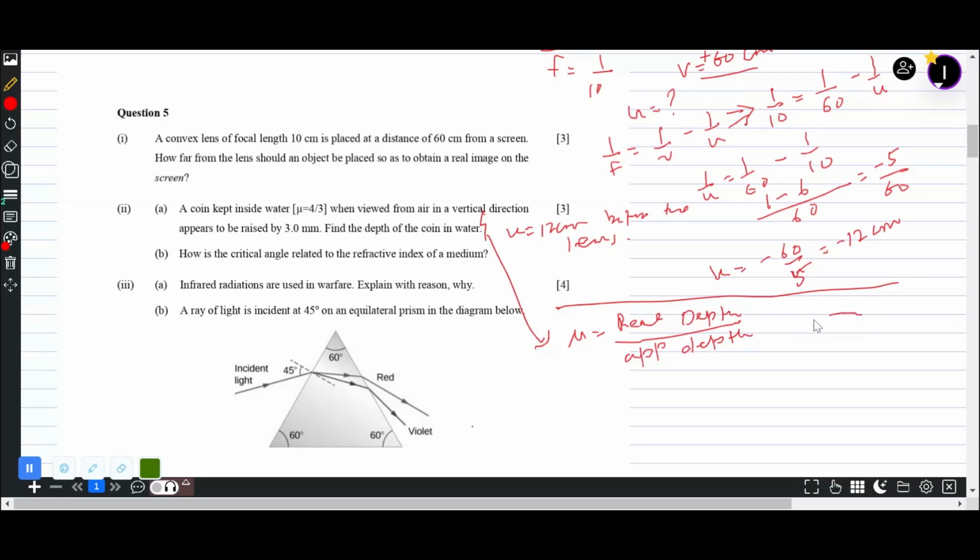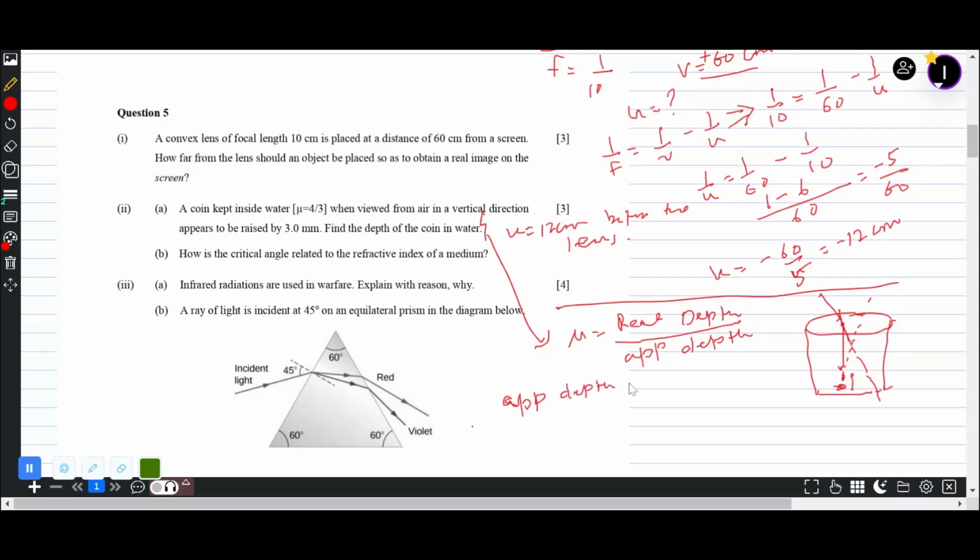Now what happens when you put something in water, like a coin in a water bucket? The object looks closer to the top because of refraction, because of the bending of the light. Instead of going directly, it is bent, so it appears somewhere here. The object looks like it is here, but actually the object is here. So there is a difference. You don't have to make these diagrams; I was using this to explain.